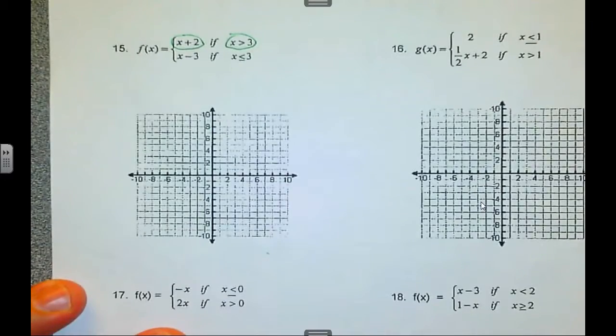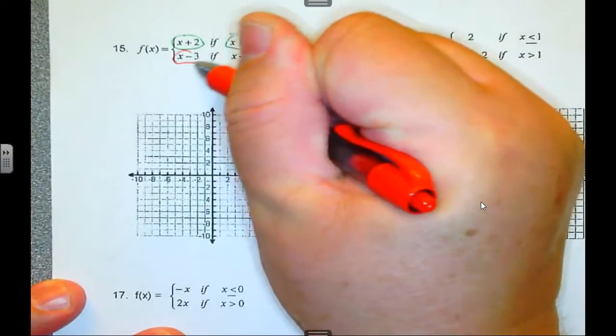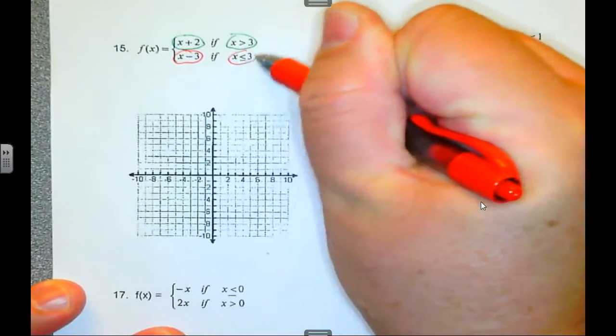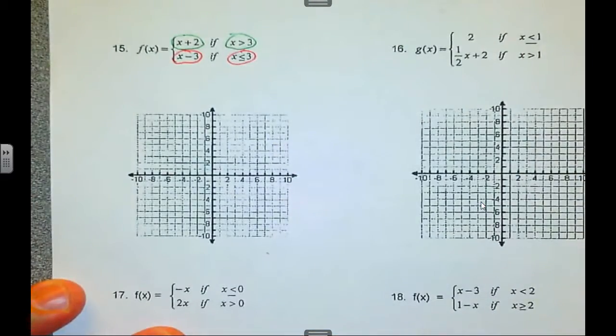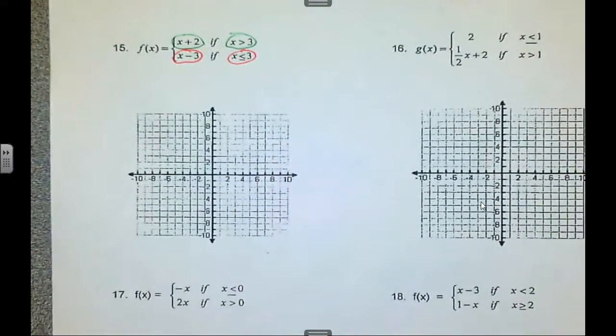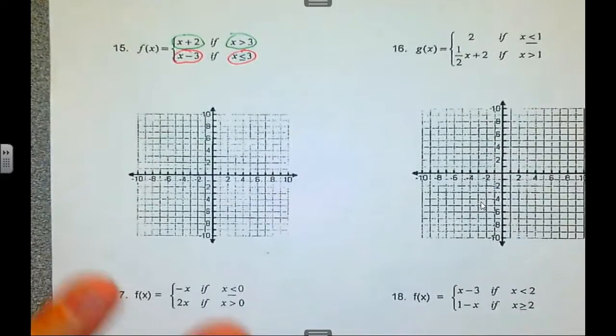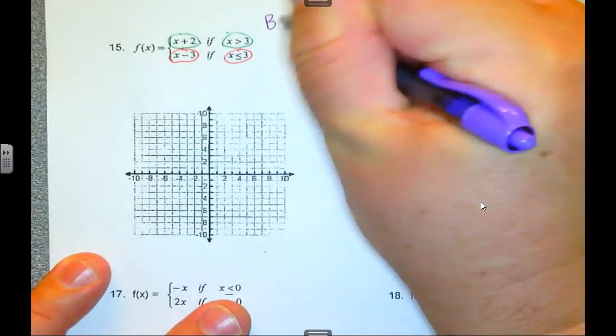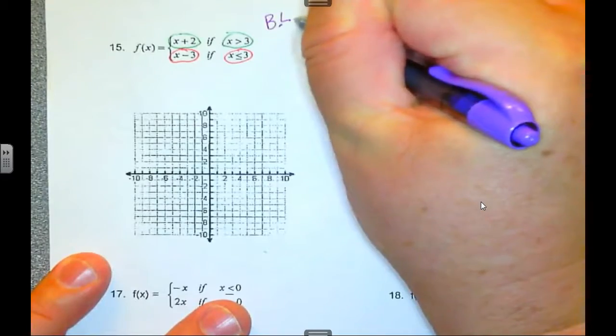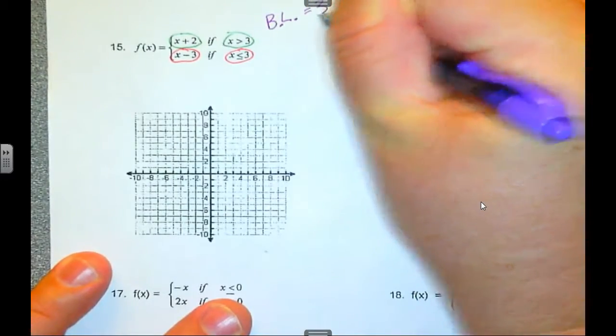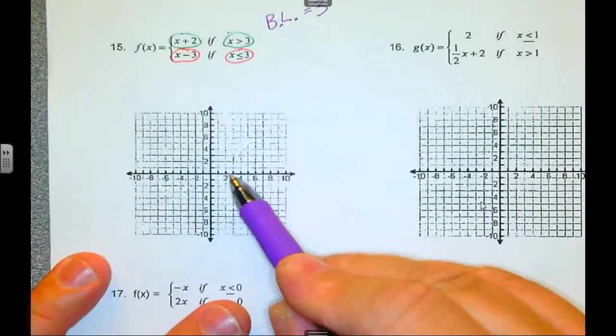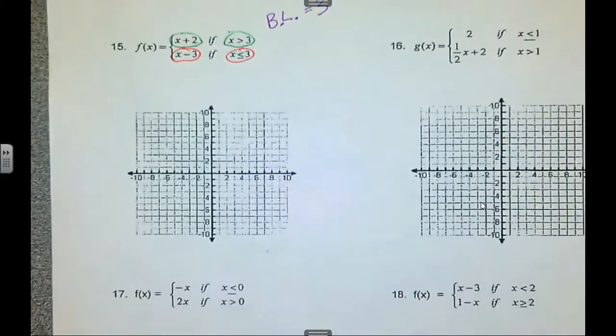This is going to be the function I use if x is less than or equal to 3. My boundary line is 3. So I'm going to go to 3, and I'm going to put my vertical line there.